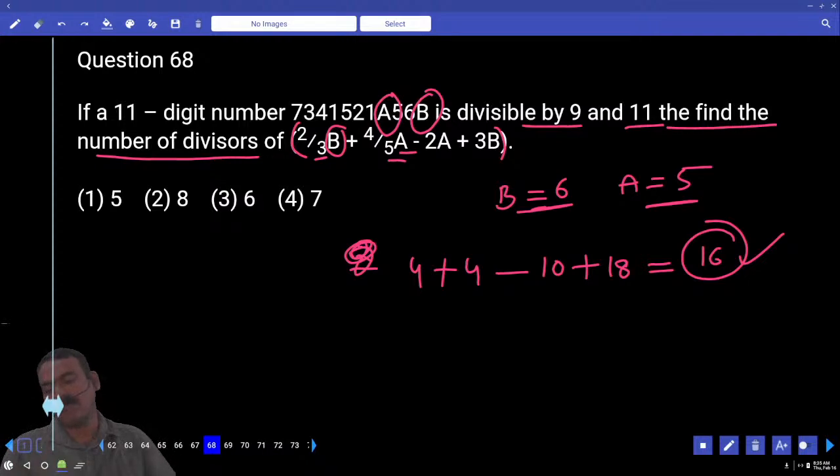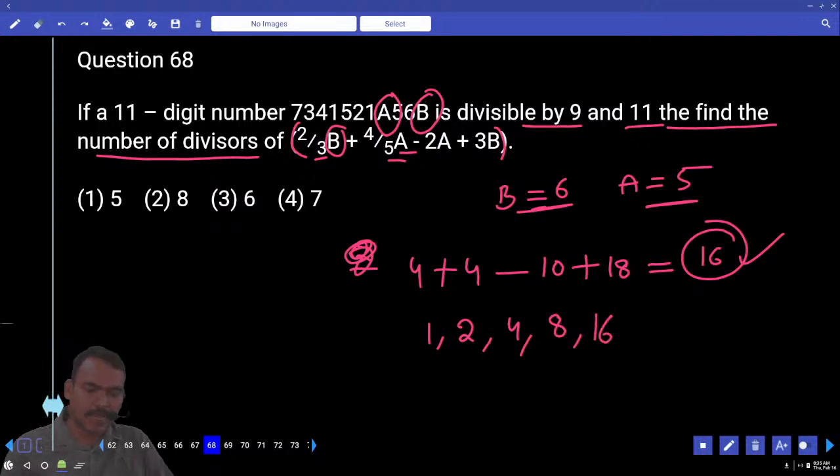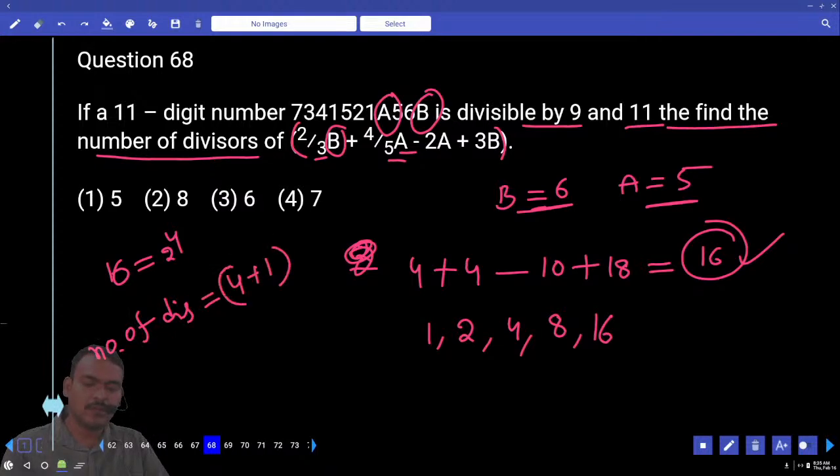The divisors of 16 are factors. What are the factors? 1, 2, 4, 8, 16. How many factors? 5 factors. Or 16 we can write as 2 power 4. Then the number of divisors is 4 plus 1.